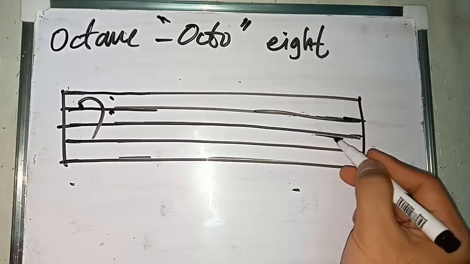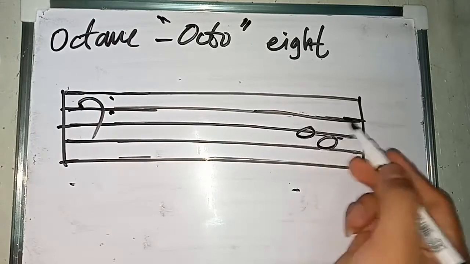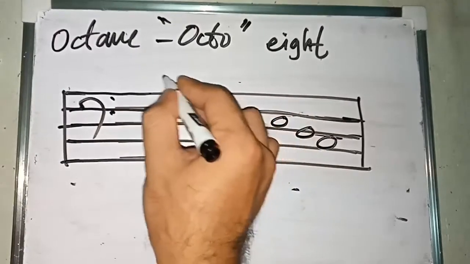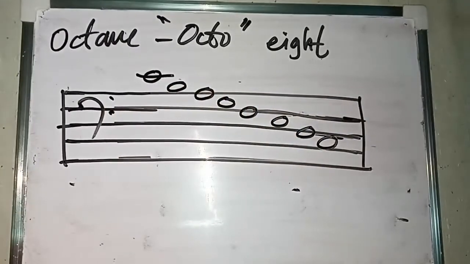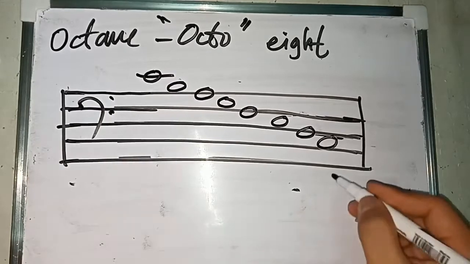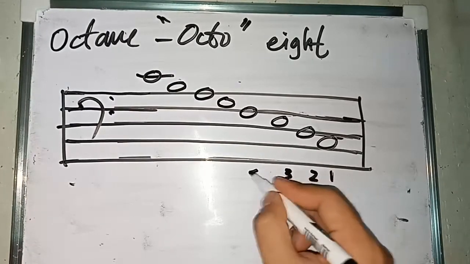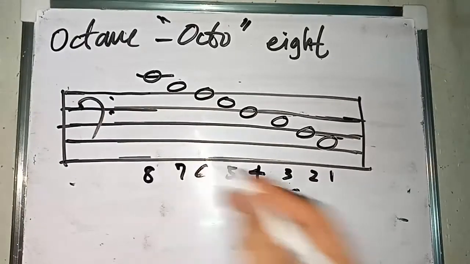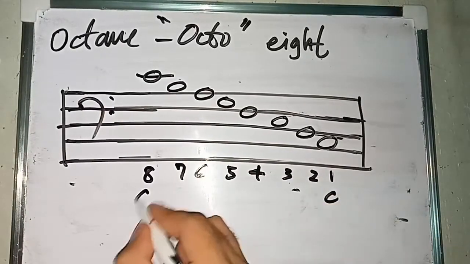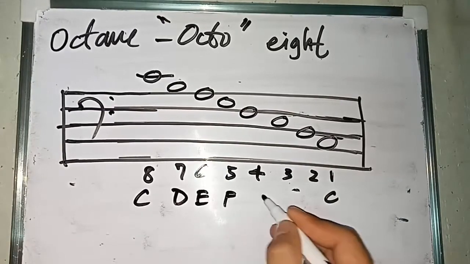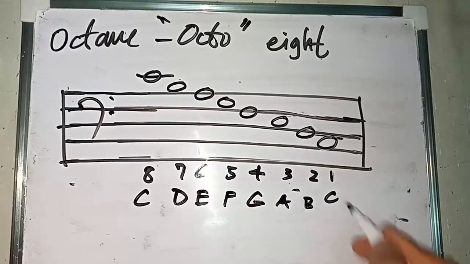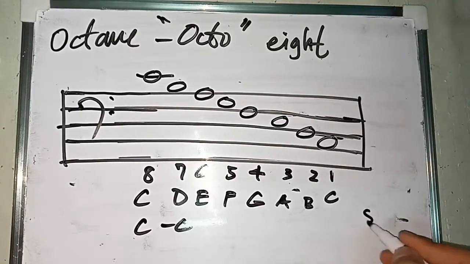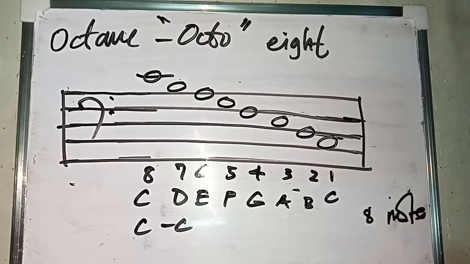So we have here our C, D, E, F, G, A, B, C. So we have here 1, 2, 3, 4, 5, 6, 7, 8. So C to C is 8 notes. So that is an octave.